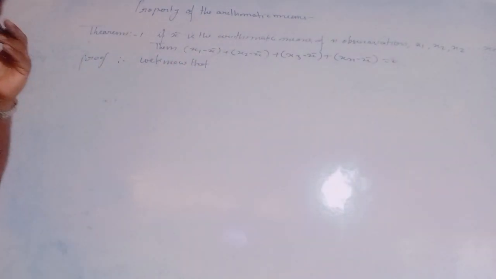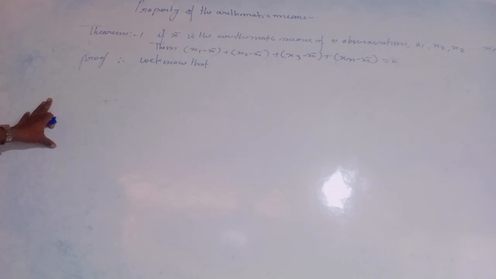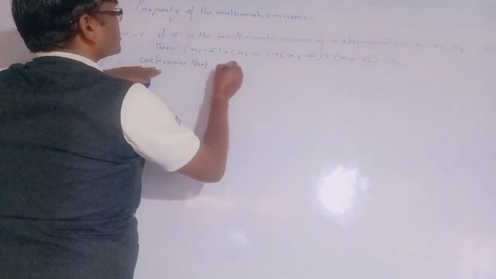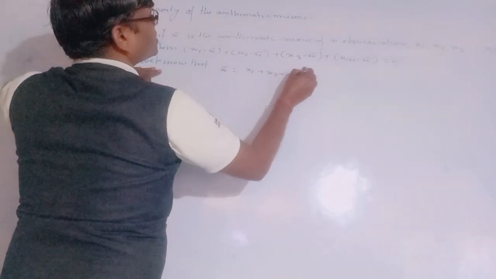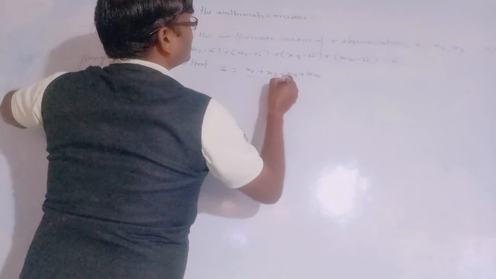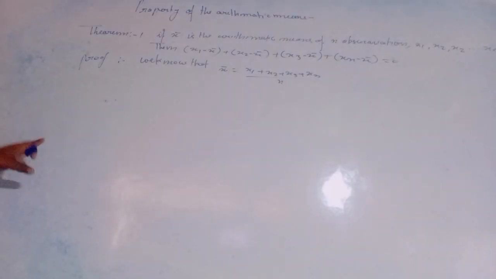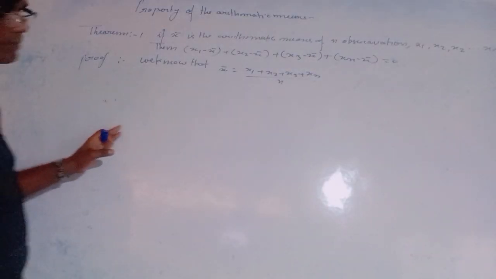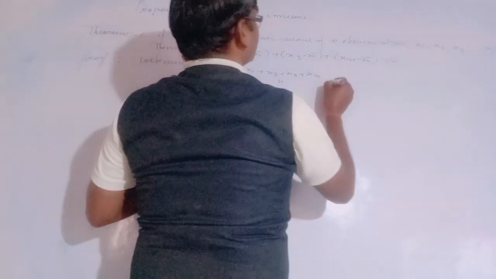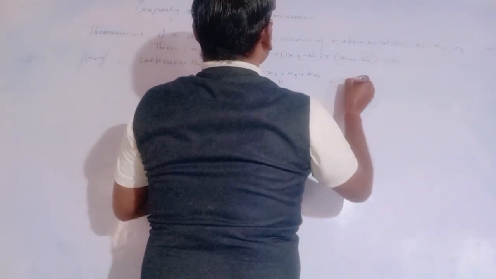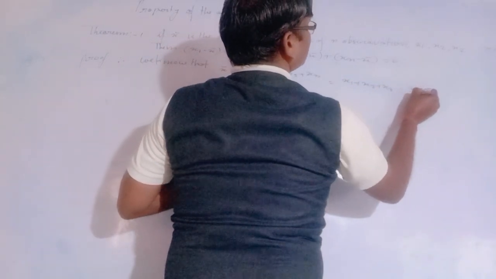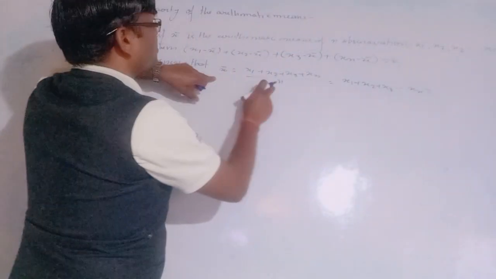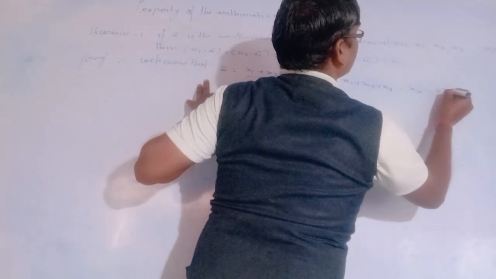We know that the arithmetic mean x bar is equal to x1 plus x2 plus x3 plus xn divided by n, where n is the number of observations. So x1 plus x2 plus x3 plus xn is equal to x bar multiplied by n.